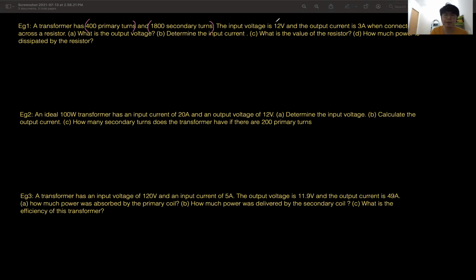The input voltage is 12, output current is 3, when connected across a resistor. Write this down.